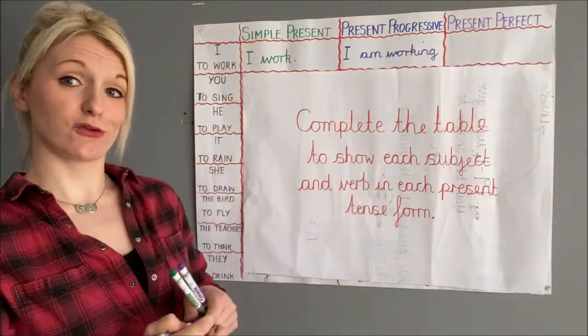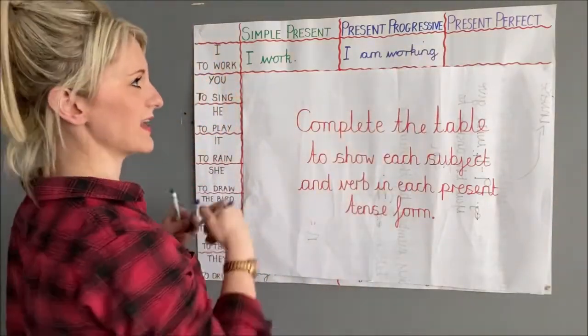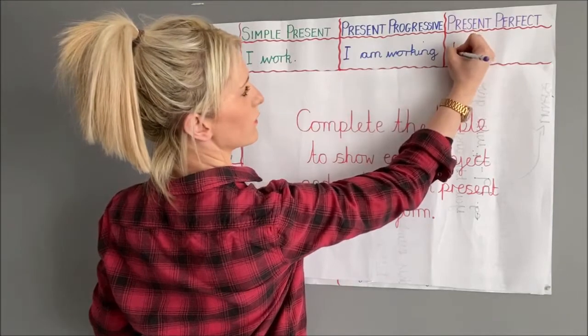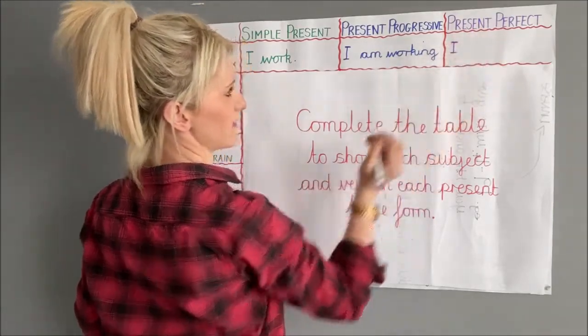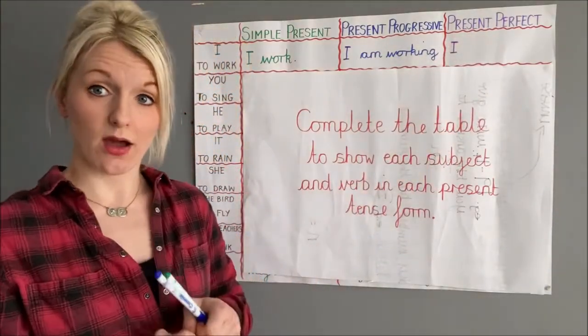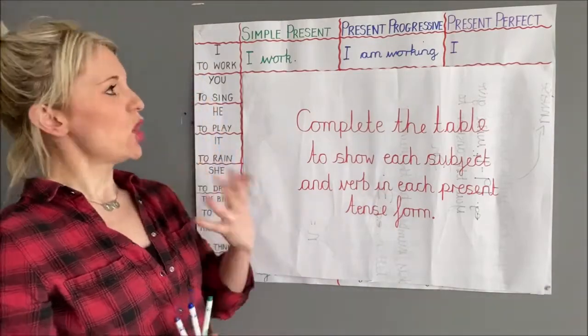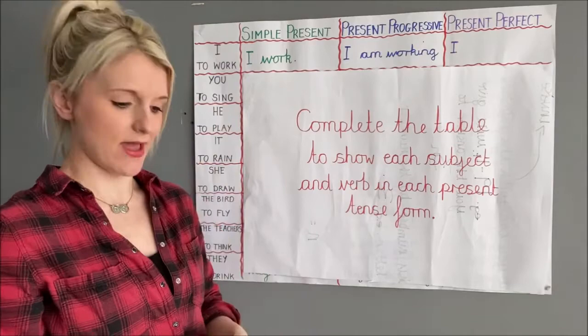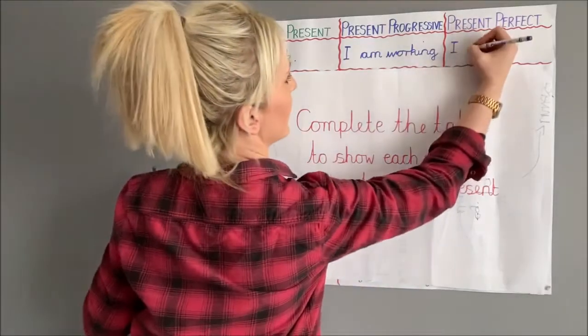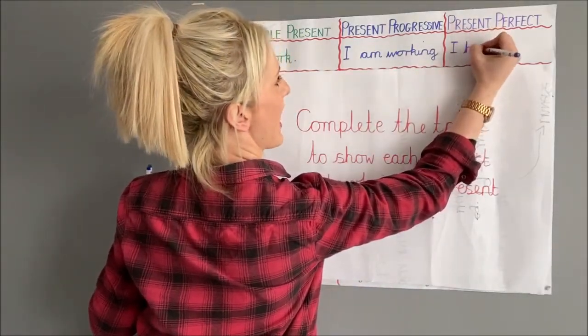Okay, and then we've just got the final column to fill in. So again, we know the present perfect starts with a subject, and our subject is I. We know we either need to use have or has for the present perfect. When it is I, it's I have. So I'm going to write that in now. I have.